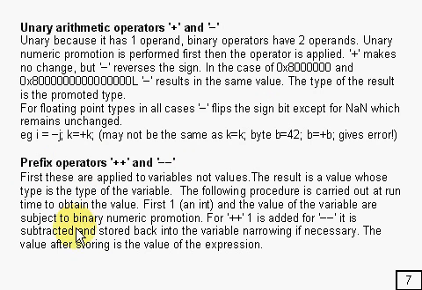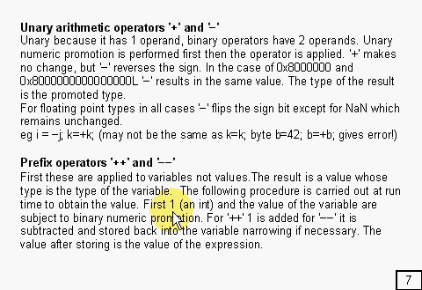Now the result is a value whose type is the type of that variable. So it doesn't do any numeric promotion, or at least the value it returns is not promoted in any way. This is what actually happens. First you take 1, which is an int because it's just an ordinary literal, and the value of the variable, and you subject that to binary numeric promotion.